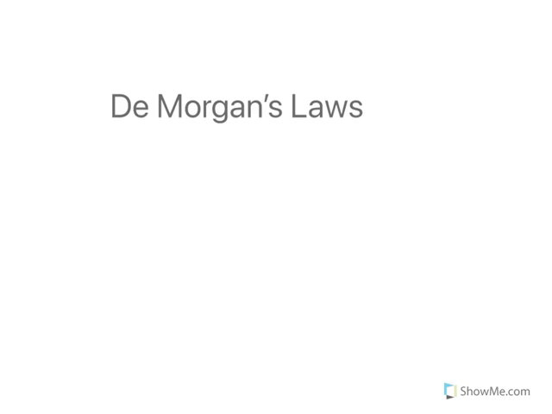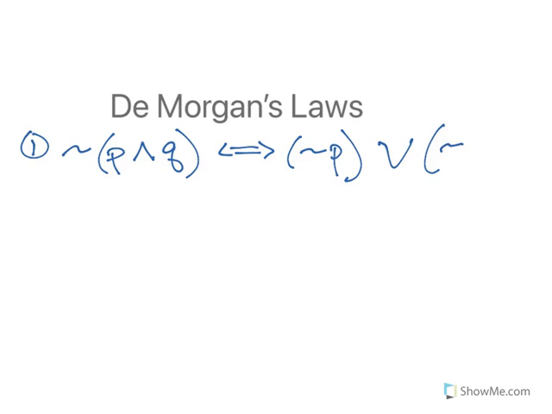So De Morgan's laws, what are they? Well, the first one says that not (P and Q), the conjunction, if and only if not P or not Q. So De Morgan's law says the left and the right side of this biconditional are equivalent. Basically, we're distributing that negation and flipping the symbol.